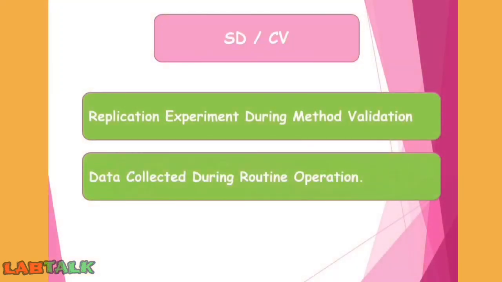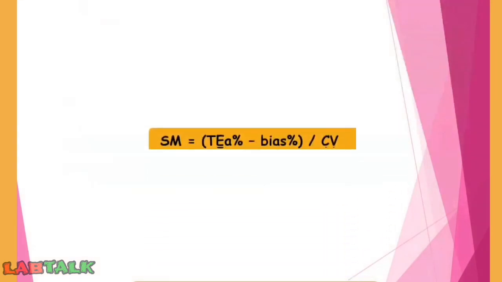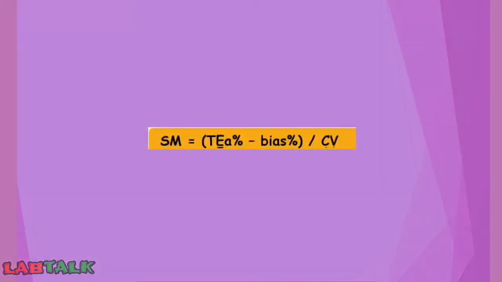And the last parameter required is the CV percentage, which can be collected from the replication or precision experiment performed during the method verification process before introducing a new test in the laboratory. The other option is collecting the data from day-to-day IQC operations or day-to-day QC performance. So this is how finally we come to the conclusion of sigma metric in a laboratory.